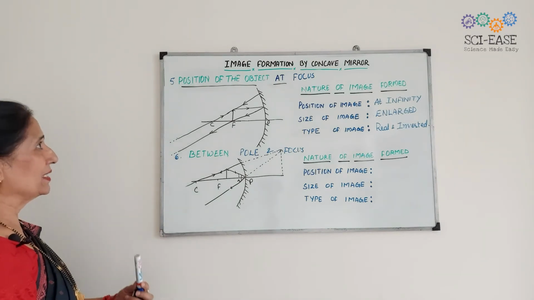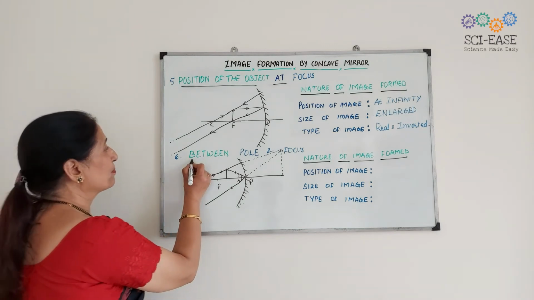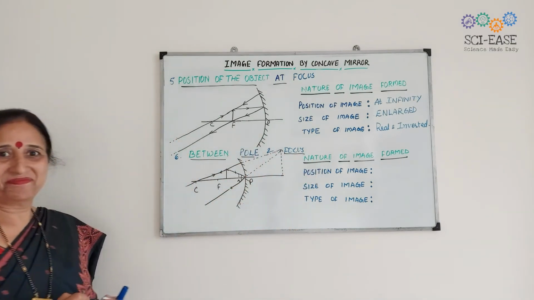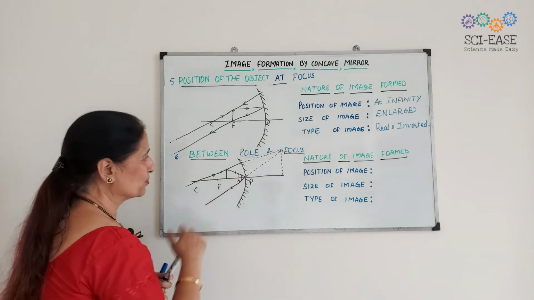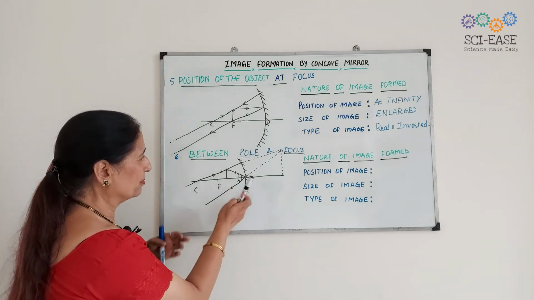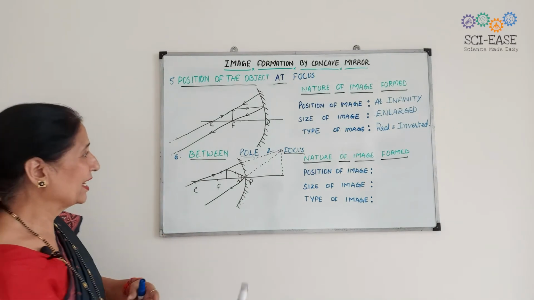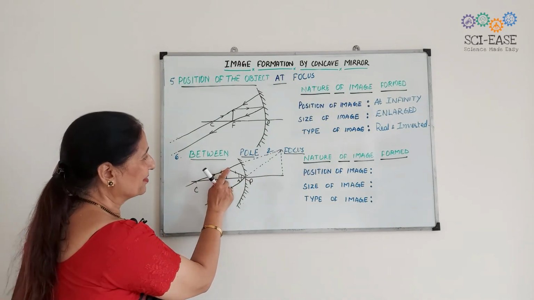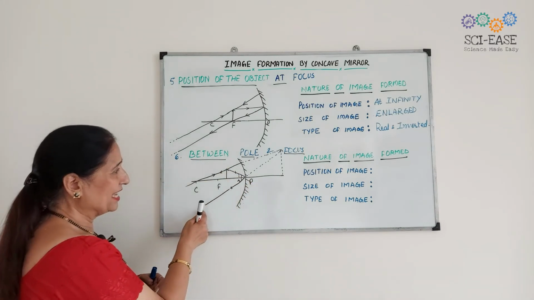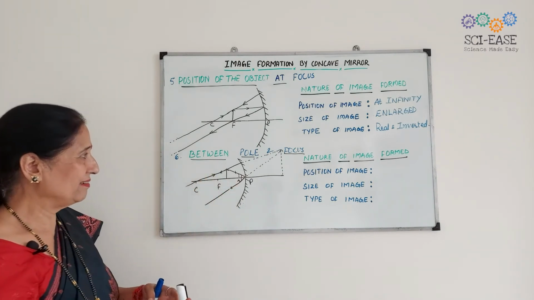Now the last one, that is when the object is between pole and focus. This is pole, this is focus, this is the object, it is between pole and focus. The fourth rule, the ray will start from here, it will strike at pole and then come back. Here angle i is equal to angle r.